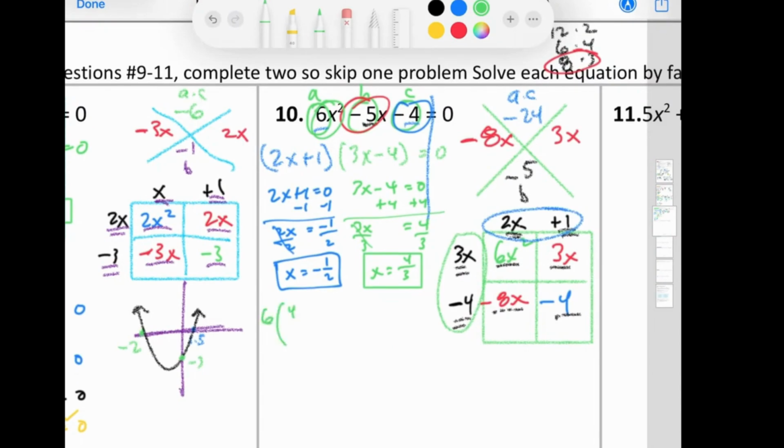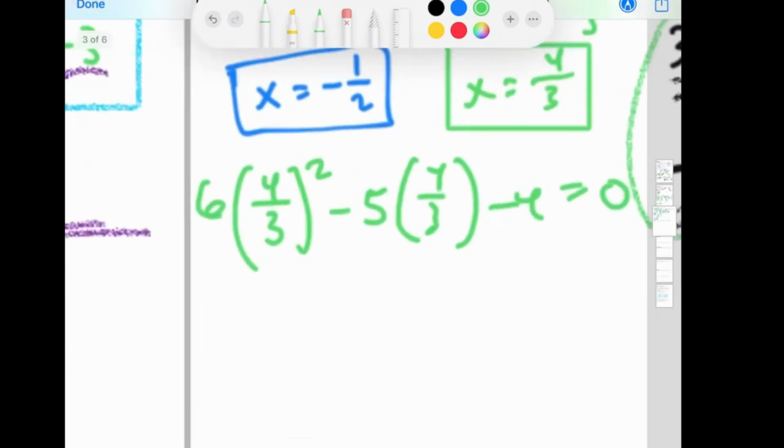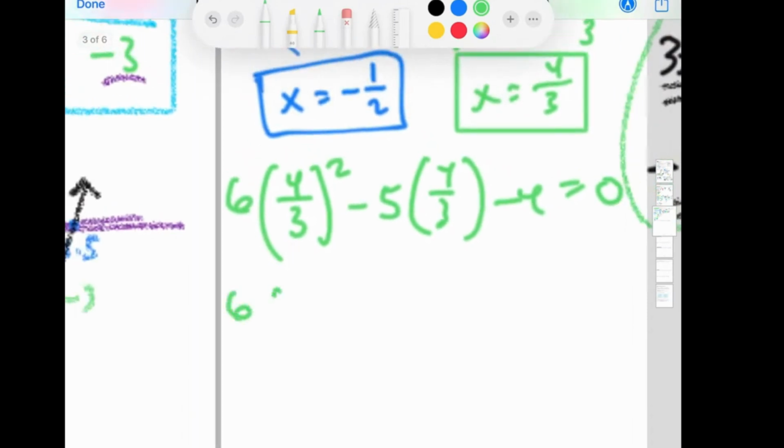6 times 4/3 squared minus 5 times 4/3 minus 4, it's not going to be fun. I shouldn't say not fun. Not easy. 6 times, okay, square that. So 4 squared is 16. 3 squared is 9. Minus 20 over 3 minus 4.